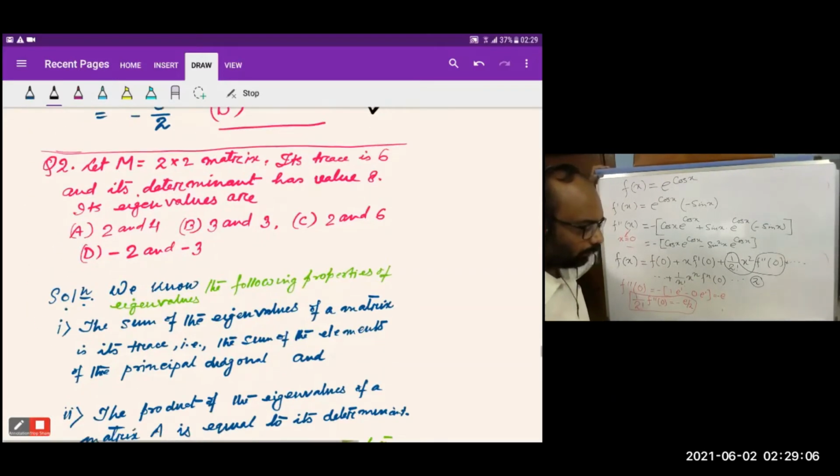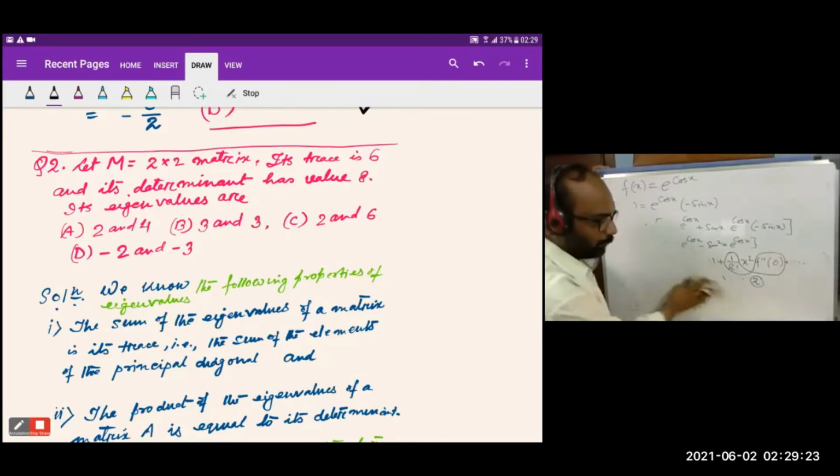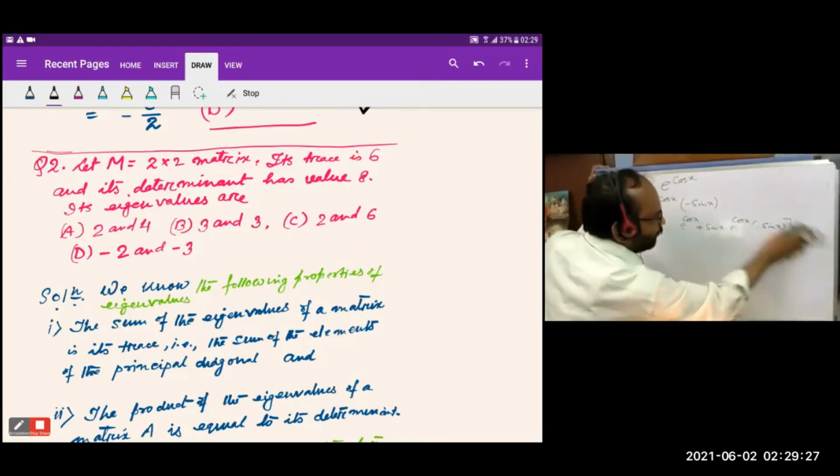Next, move to the next problem. Problem number 2. It says let M be a 2 by 2 matrix. Its trace is 6 and its determinant has value 8.